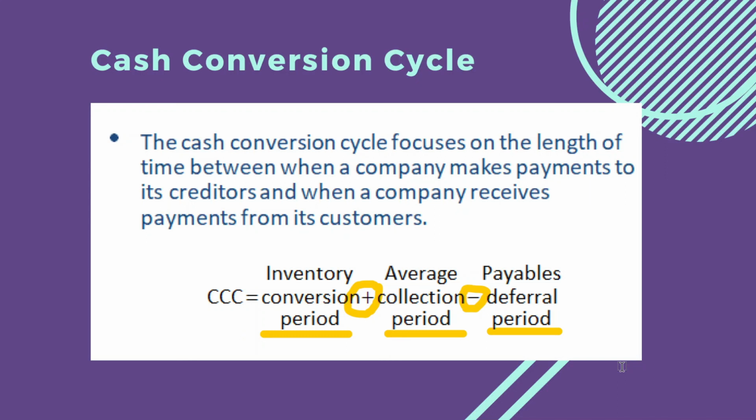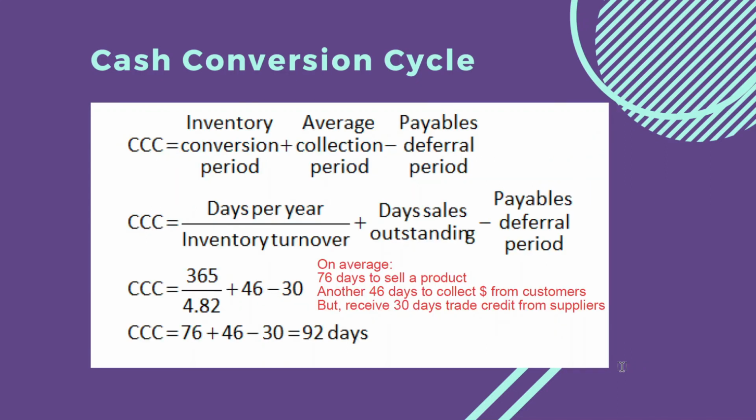Now let's look at an example. On average, it takes the company 76 days to sell a product. Sales are on credit. The company must give credit terms to the customers. Then it will take another 46 days to collect the money from the customers. You add these two terms together, and it will take about 120 days before the company can turn an average product into cash.